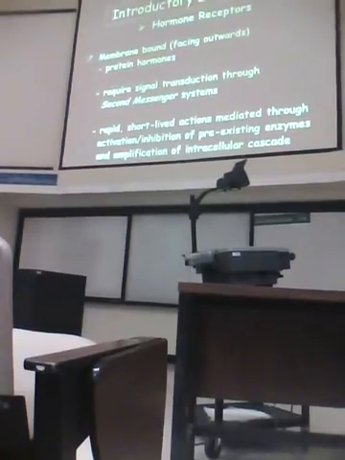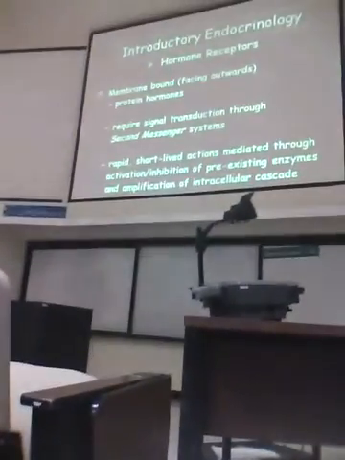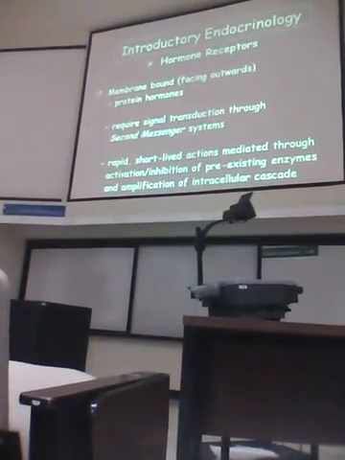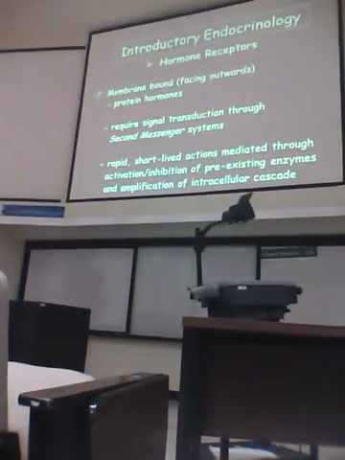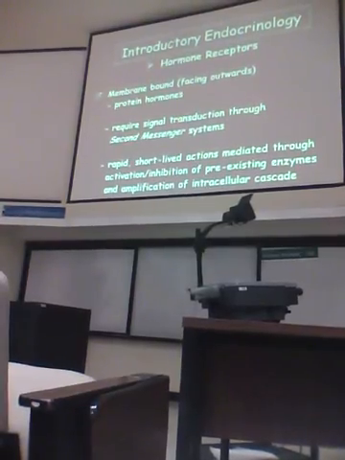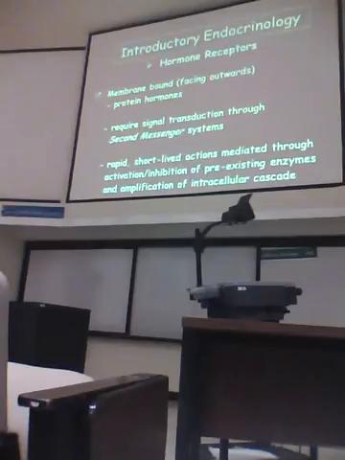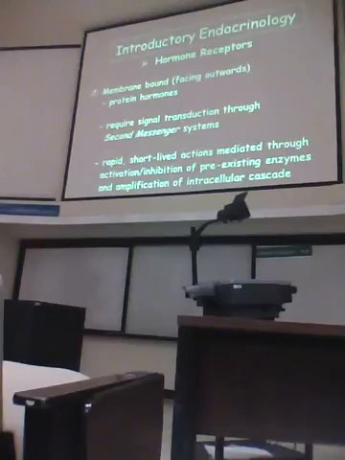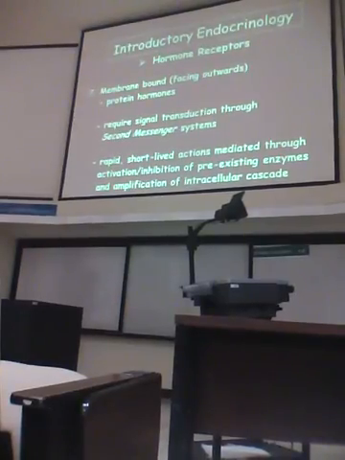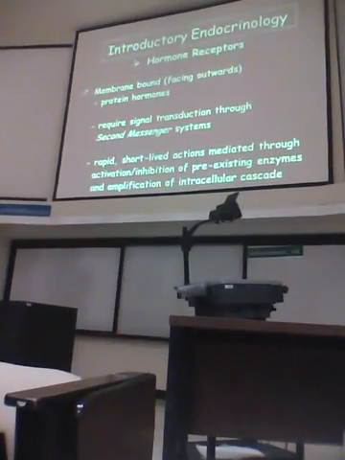Now, hormone receptors have a number of types. There are membrane bound receptors that face outwards into extracellular space, and these typically are the receptors for protein hormones. And because protein hormones cannot cross the lipid bilayer around the cell, they need second messenger systems which transduce the message of the hormone to induce biological responses.